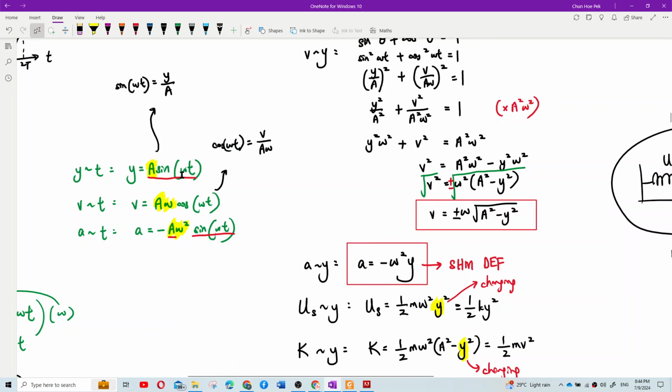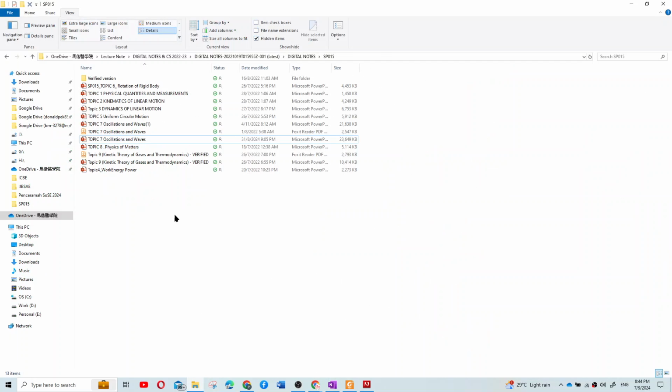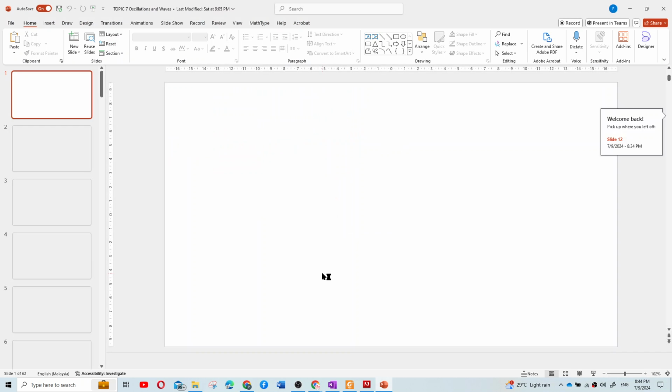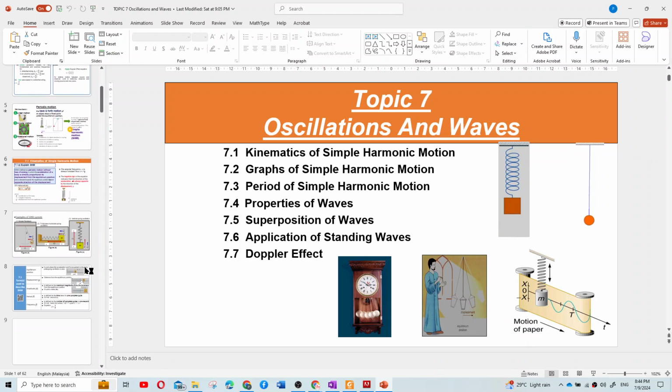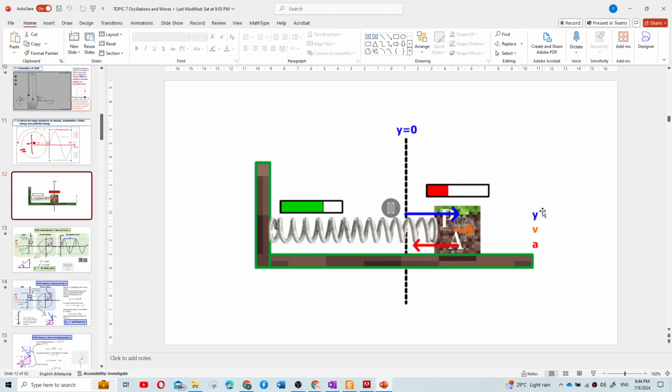It's oscillation, right? The object oscillates. Look at my oscillation again. Where's the block? The Y is changing.